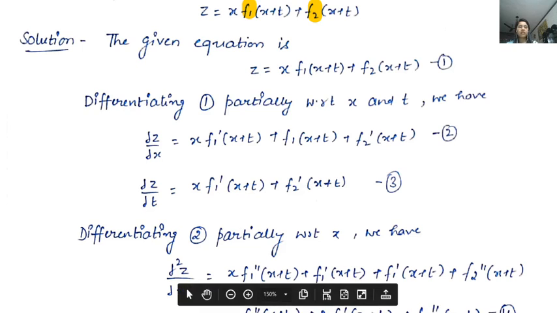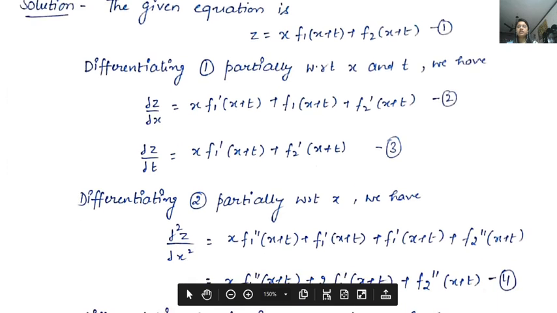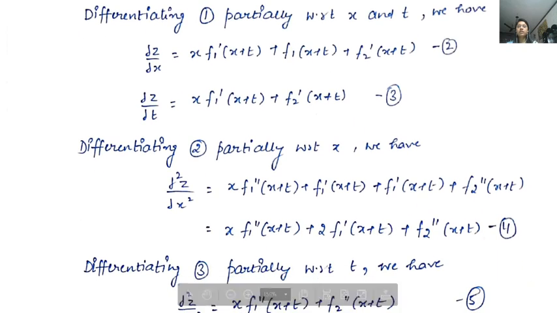Now again differentiating it with respect to x partially, we get ∂²z/∂x² equals x as it is. When we differentiate it, we will get f1''(x + t), and then when we differentiate x, we will get 1 into f1'(x + t). Now when we differentiate f1(x + t), we will get f1'(x + t), and when we differentiate f2'(x + t), we will get f2''(x + t).